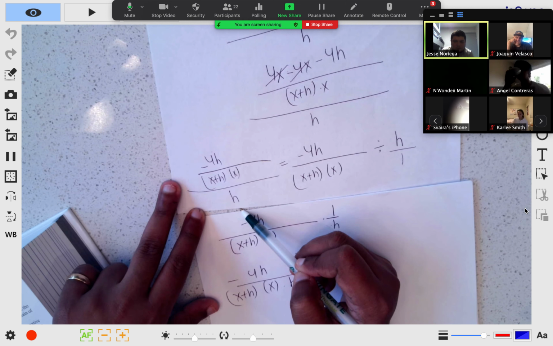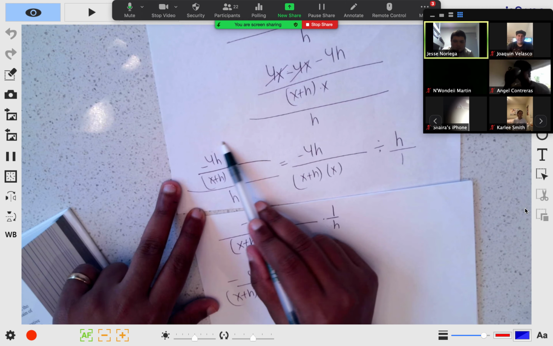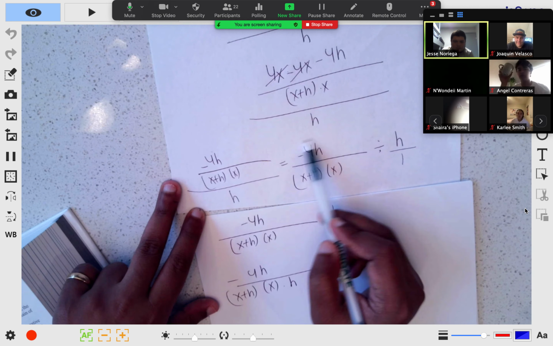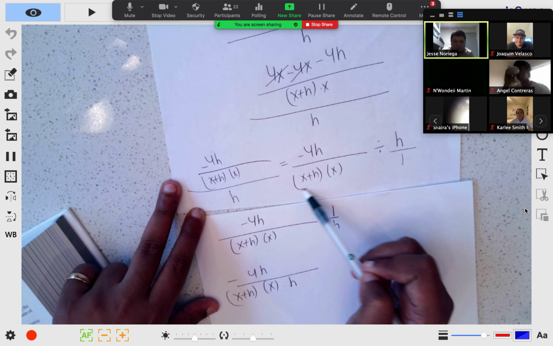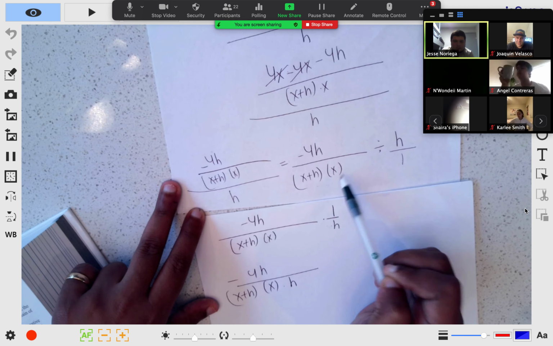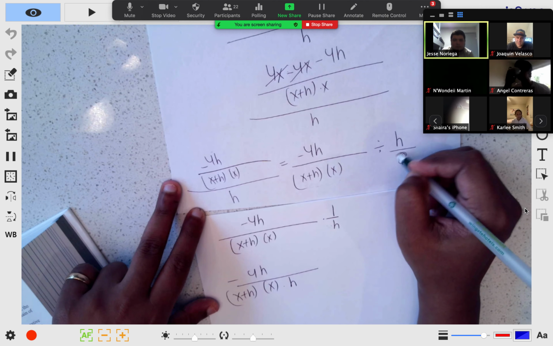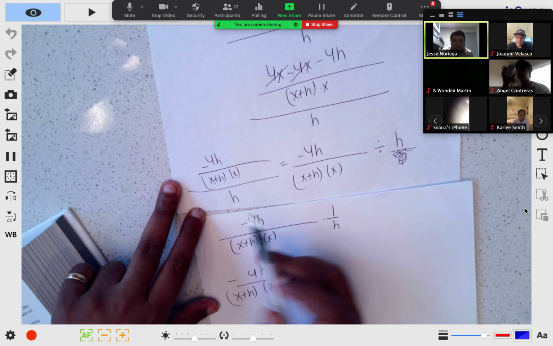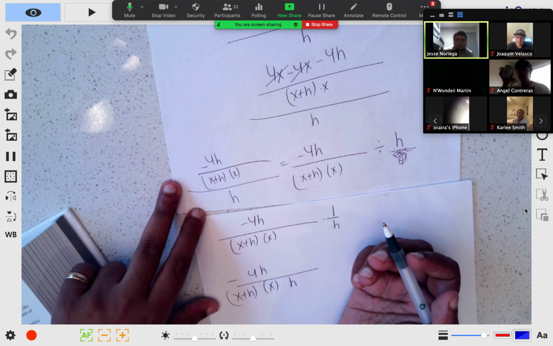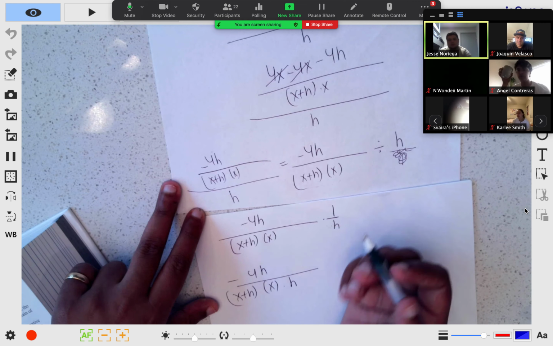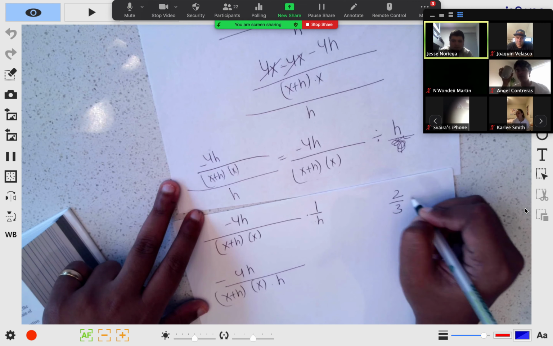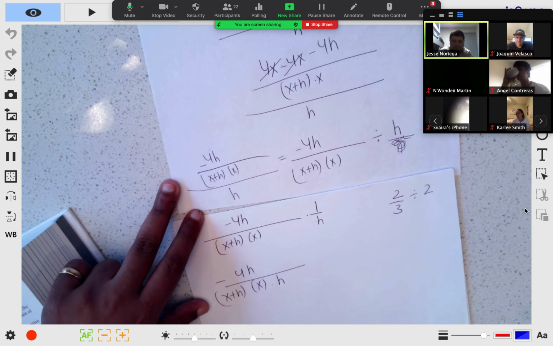So what I did is, this first fraction I kept as it is. Whatever was on the top, I kept it as it is, and it is divided by just h. And how do you divide fractions? If I say 2 by 3 divided by 2, how do you do it?